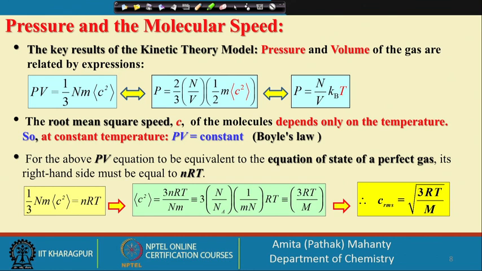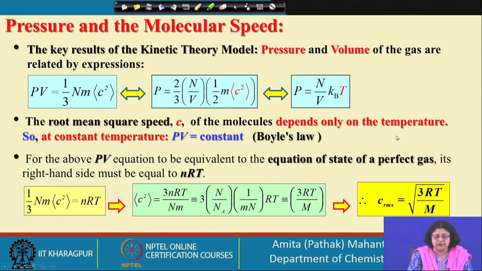PV equals 1 by 3 Nm C squared, where C is the root mean square velocity I am talking about. Again, this is related to the Boltzmann constant kB and temperature. So, we can see that pressure is directly related to the root mean square velocity. The root mean square velocity C of the molecule depends on the temperature.